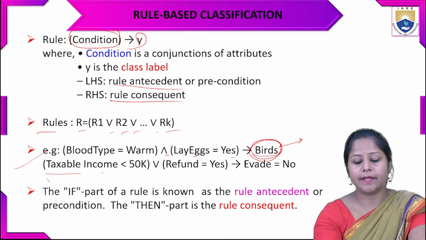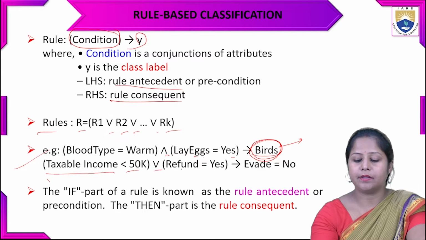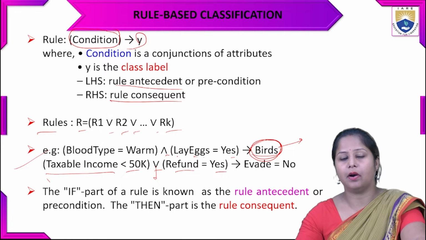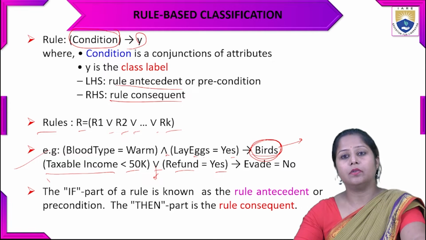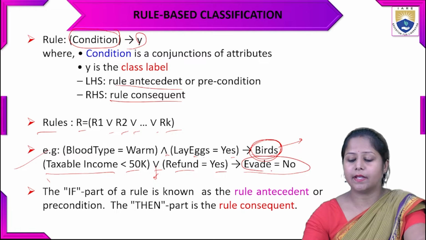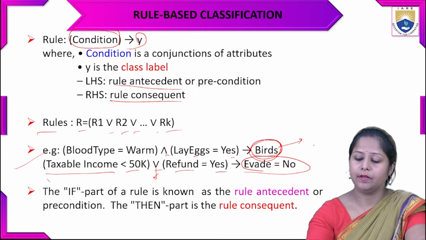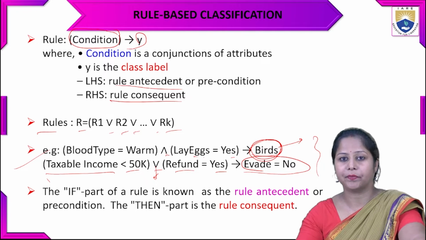Another example: taxable income is less than 50,000 and refund is equal to yes, then the classifier will classify it as evade is equal to no. So the class will be no. These were a few syntaxes, if-then rules, written here.